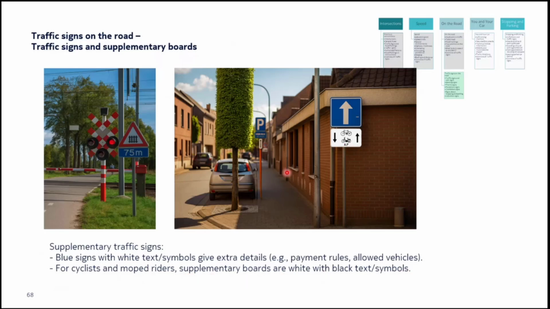Here it indicates this is a one-way street, but the bicycles and both category A mopeds as well as the speed pedelec, as represented by A and B, are allowed in both directions. So even though it's a one-way street, you can expect these two types of drivers traveling in both directions. All right, so this is what the blue plates and supplementary plates indicate. These are just examples, but we will see this further in much more detail.